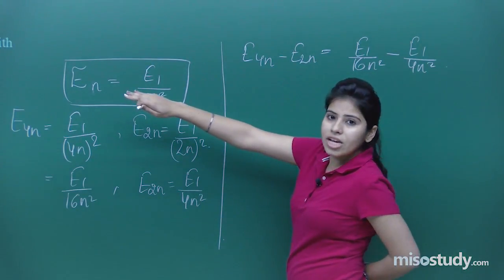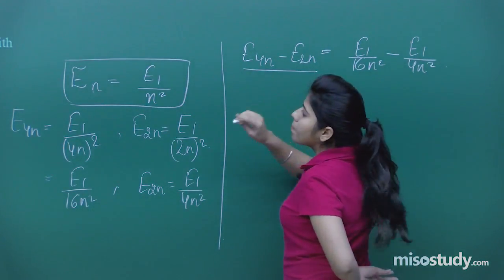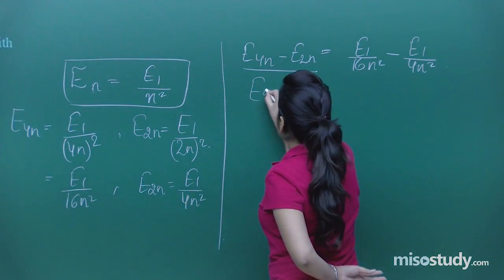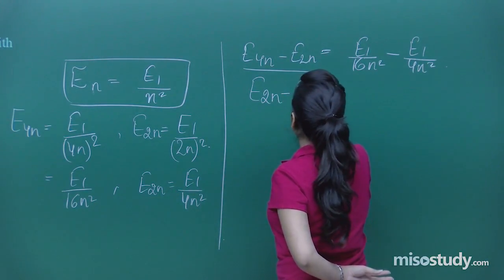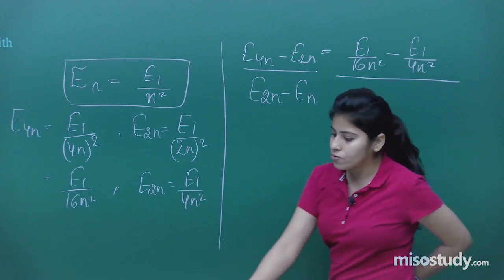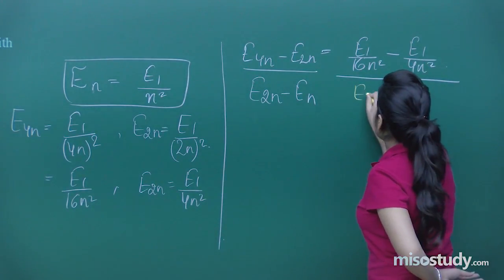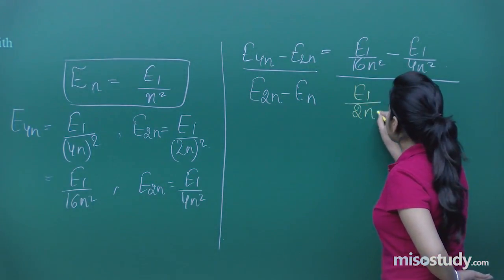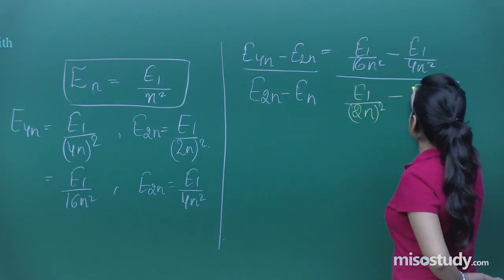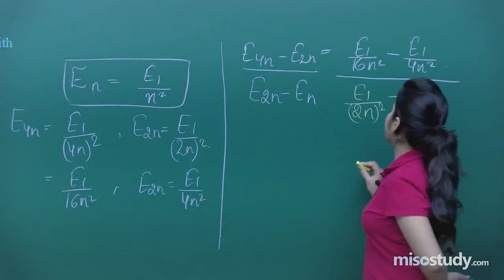As I have to take the ratio of E4n minus E2n and E2n minus En, that will be E2n, which is E1 upon 2n whole square, minus E1 upon n square. That will be the ratio.